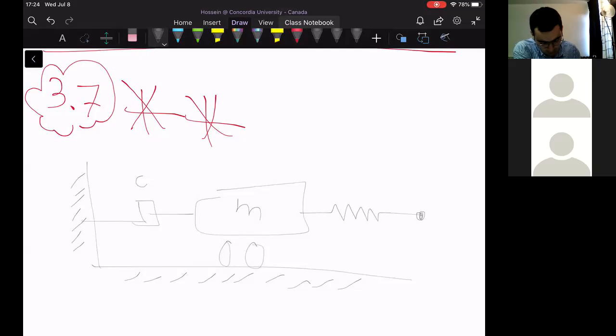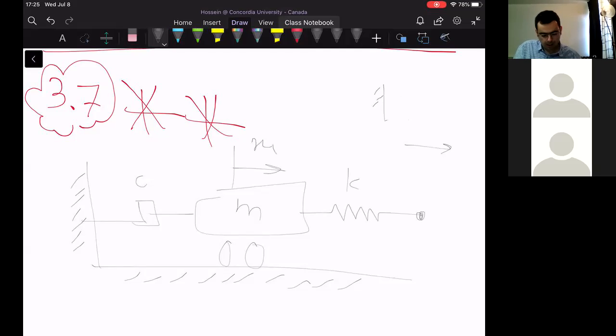The right-hand side of this spring can be moved, can be displaced by x2. Suppose that the movement of the mass is represented by x1.